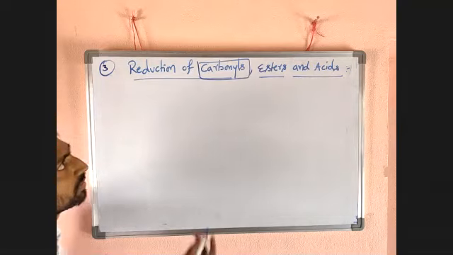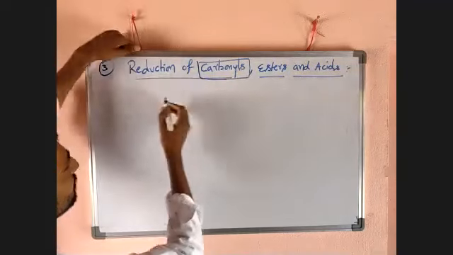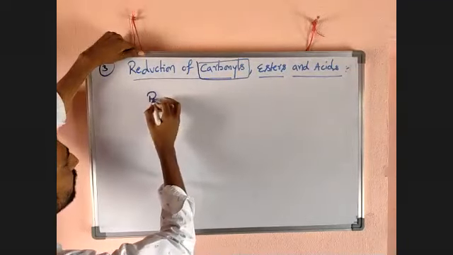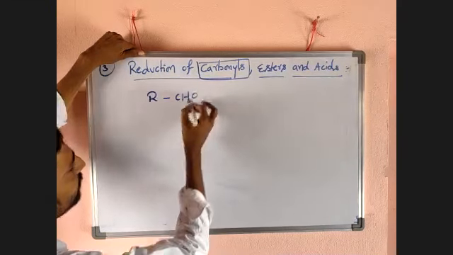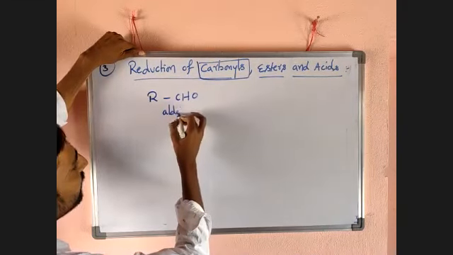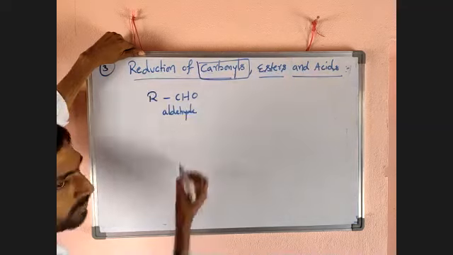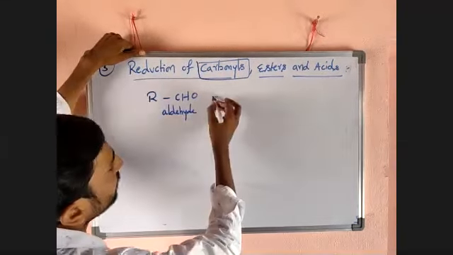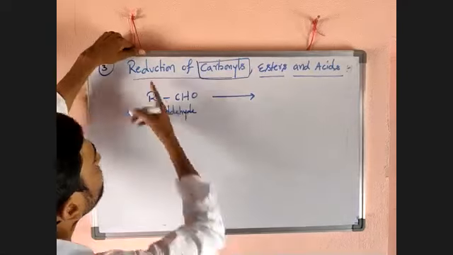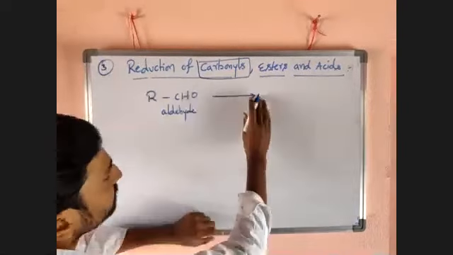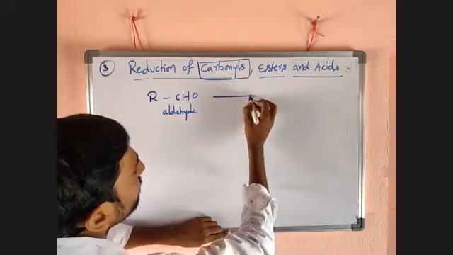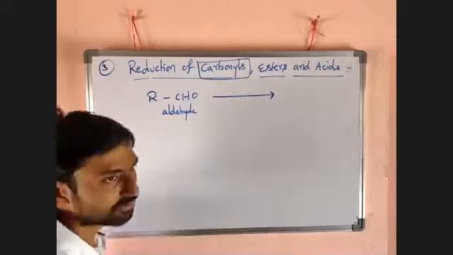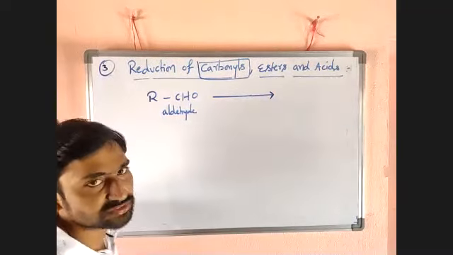Now I want to take carbonyl compounds first, RCHO, which is an aldehyde. First the general case, don't write, look here. What is meant by reduction? Reduction means addition of hydrogen or elimination of oxygen.